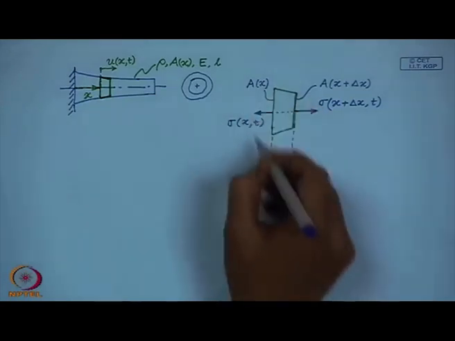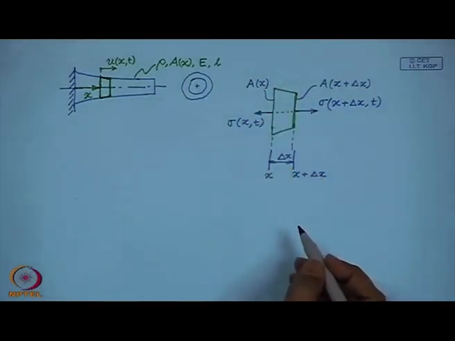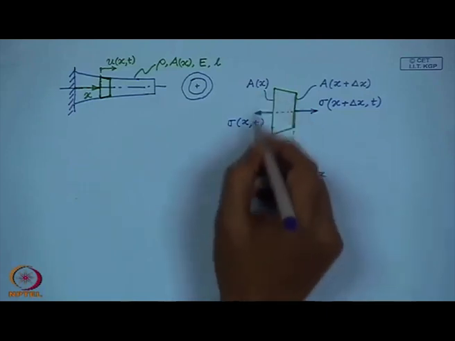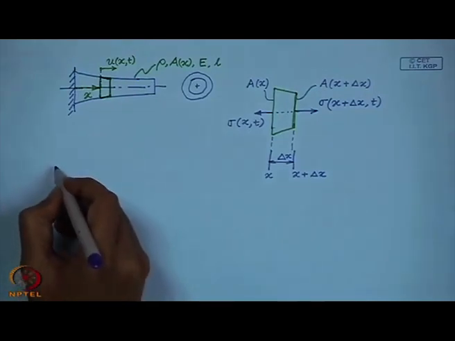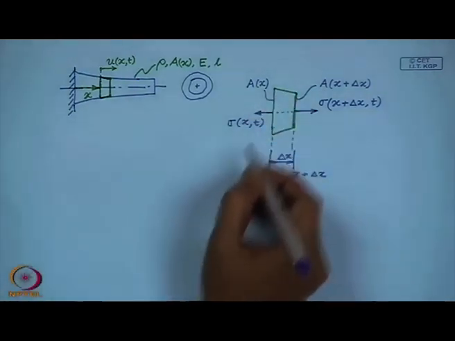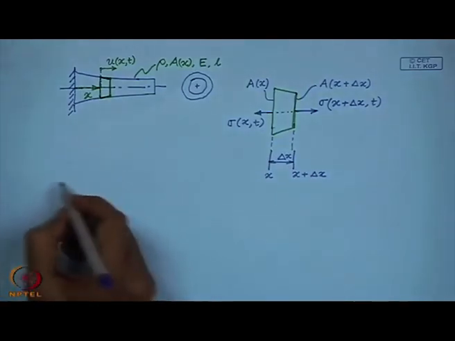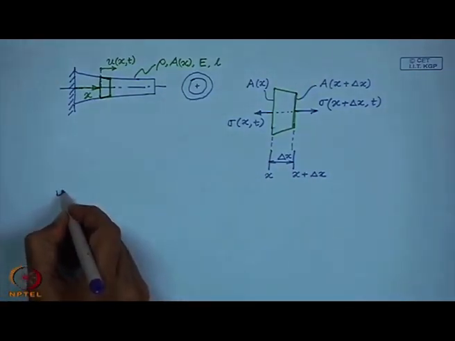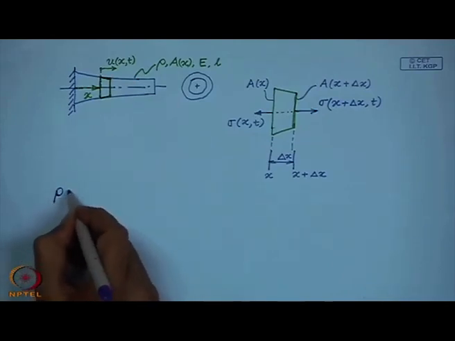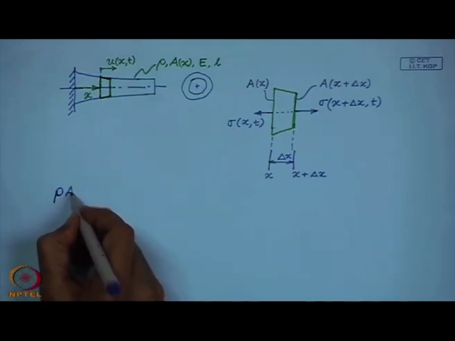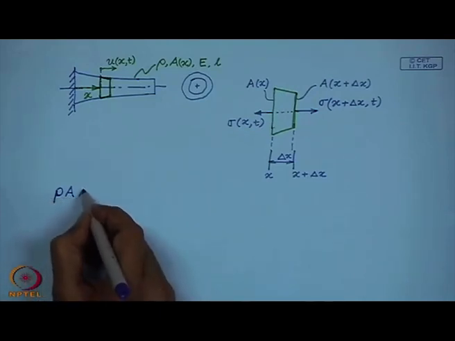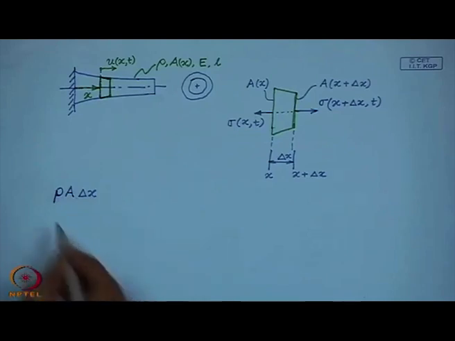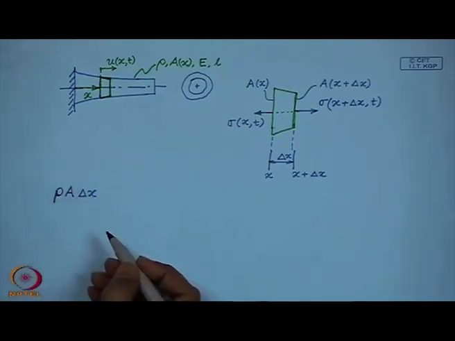Now, we are going to write the equation of motion using Newton's second law for this small element. So, the mass of this little piece may be written as rho times A, which is mass per unit length, and the length of this little element is delta x. So, this is the mass of this element.